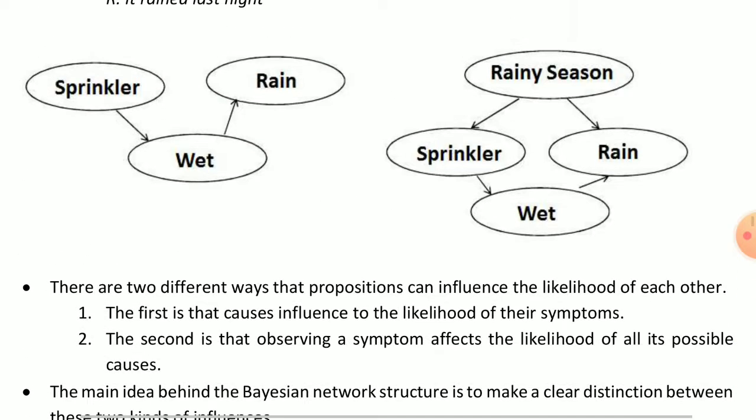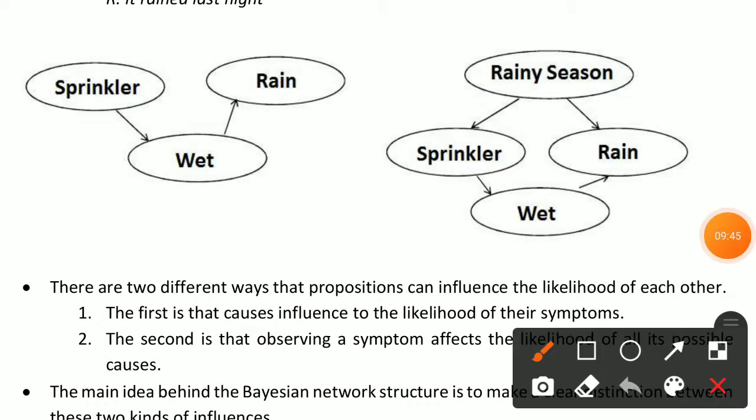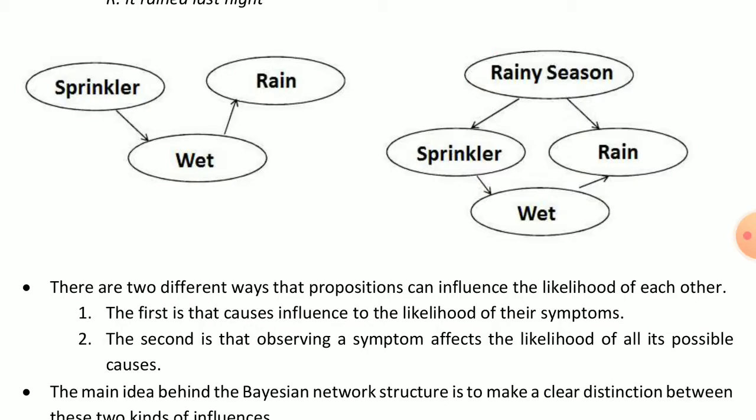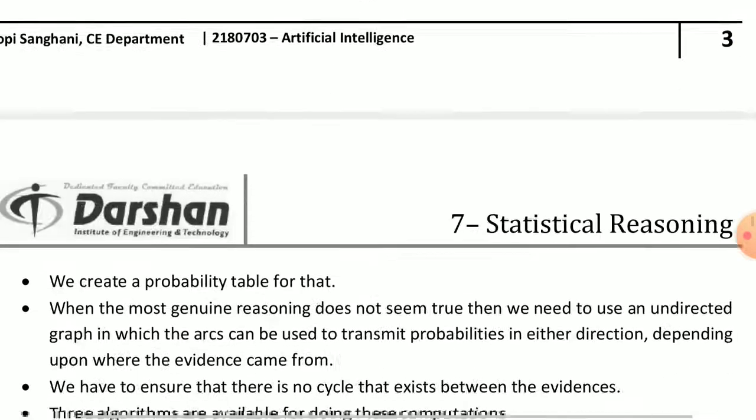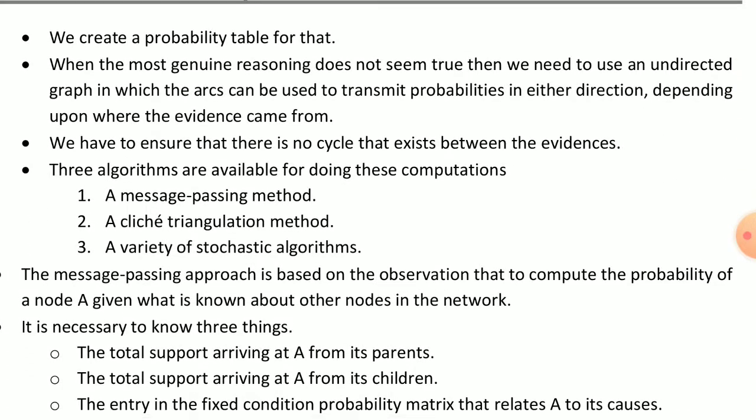Okay, here we can take the rainy season as a parent node and its children are sprinkler and rain. Okay, now we create a probability table for that. We can find out all the possibilities or probability.